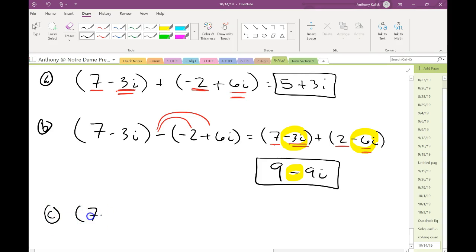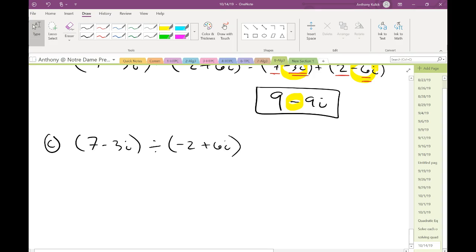So let's do a division here. What if we wanted to divide these two complex numbers? We said that we're going to write these like a fraction.